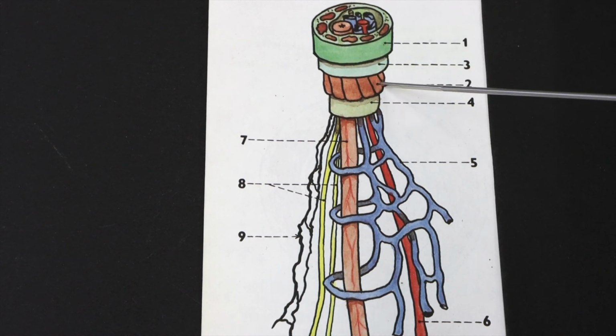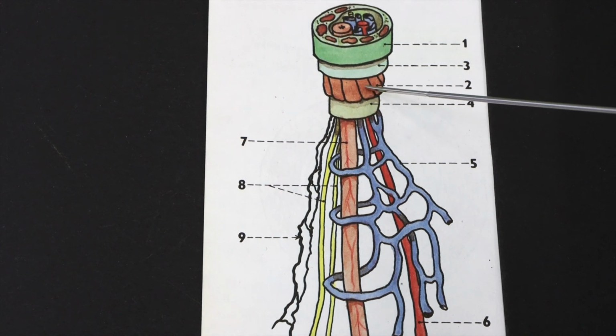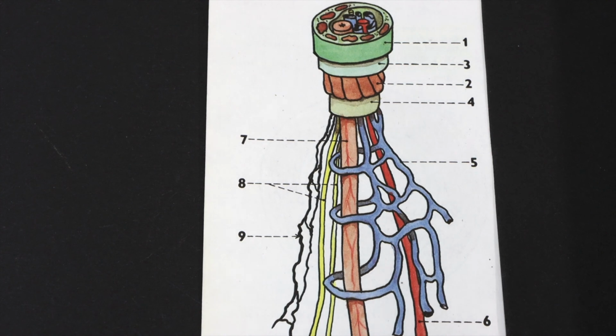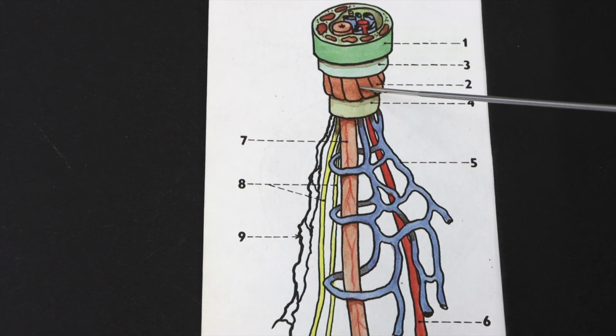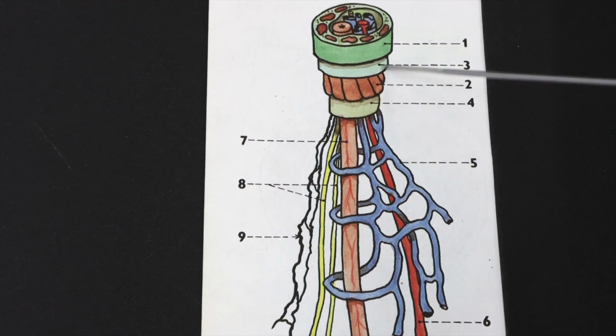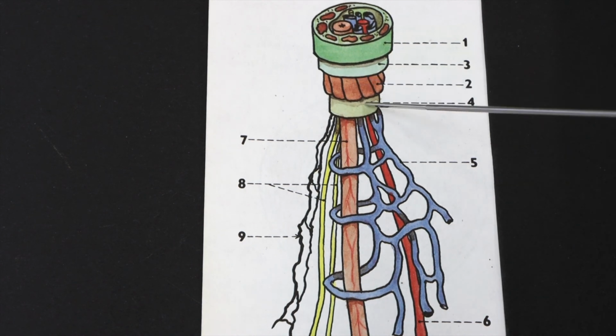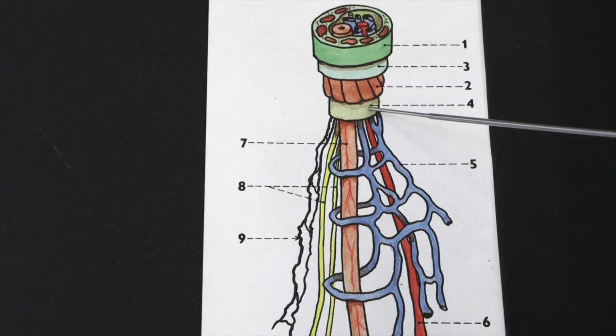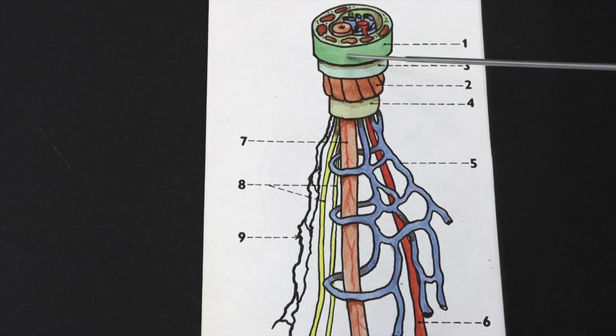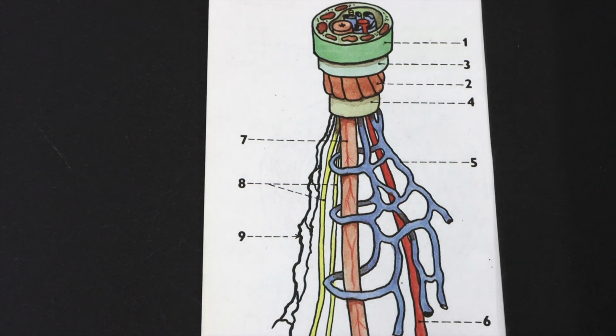Then it is followed by the cremaster muscle, which, as we said, is the continuation of the internal obliquus abdominis muscle and the transversalis muscle with its fascia. This is the fascia that is covering the cremaster, and finally the internal spermatic fascia. So those are the layers that cover the spermatic cord.